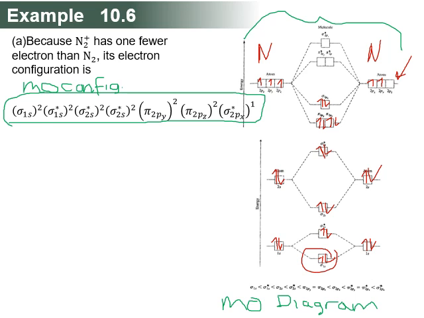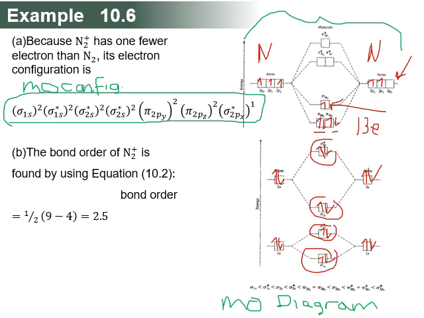So I just placed 2, 4, 6, 8, 10, 12, 14, and I did too many. So I am going to erase this one and then put in that one. So here you have, we've placed 13 electrons. Now, since we removed an electron from a bonding orbital, that means that this bond is going to be less stable. So the bond order, it was 3 in N2 alone, but now it is 2.5. So it is less stable.